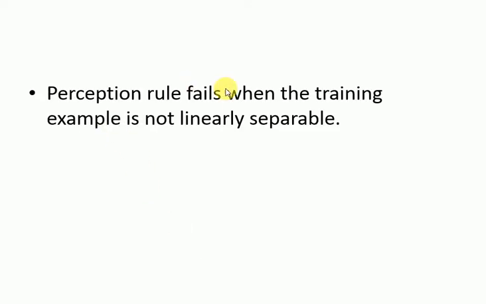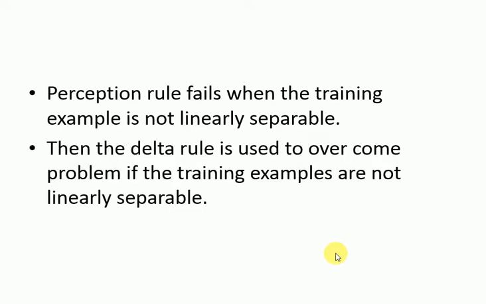The perceptron rule fails when the training examples are not linearly separable. In the previous example we discussed how linear separability occurs. Then the delta rule is used to overcome this problem if the training examples are not linearly separable.